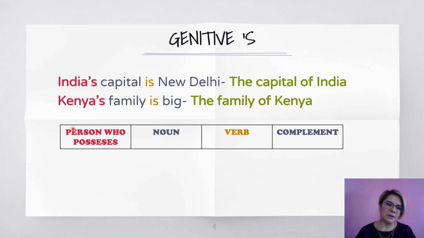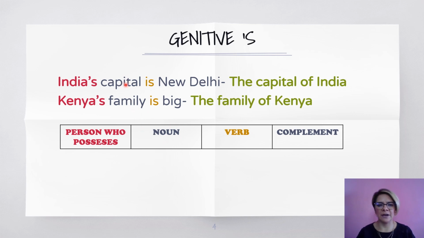So the order we need to follow to write a sentence using this apostrophe S, called genitive S, is: you first write down the name of the person, or in this case, the name of the country. Then you add apostrophe S, that is this part. Then you need a noun.